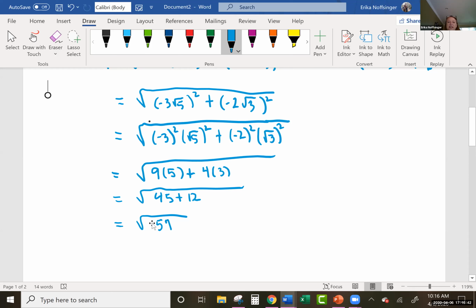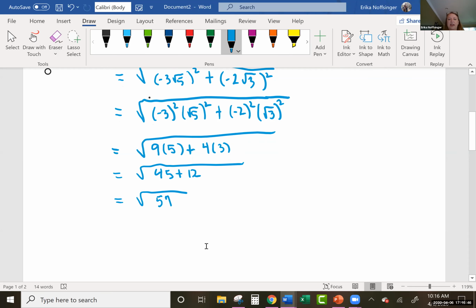Okay, so I'm trying to think, is 57 a prime number? It actually is not a prime number, but I don't think there's anything that I can pull out of it. The reason I know it's not a prime number: if I sum the digits 5 plus 7, that's 12. If you sum the digits of a number and that sum is divisible by 3, then that number has to be divisible by 3.